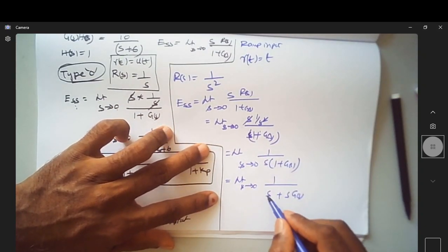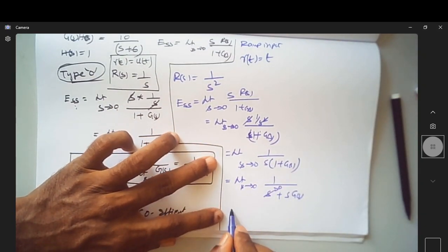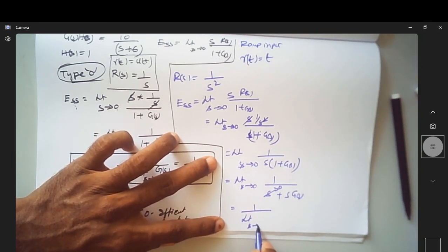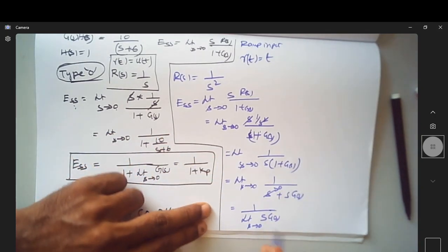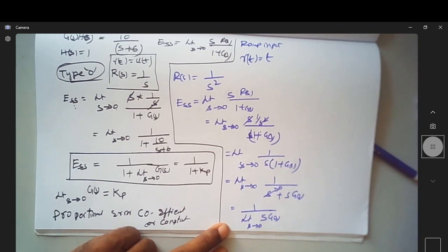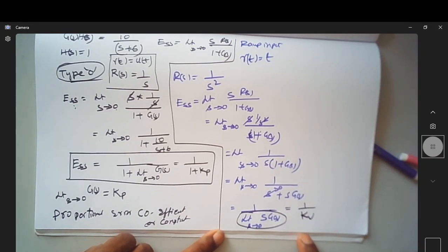Now apply the limit of s tending to 0. This becomes 0. So now it is 1 over limit of s tending to 0 of s into GFS. This value, limit of s tending to 0 of s into GFS, is called KV.